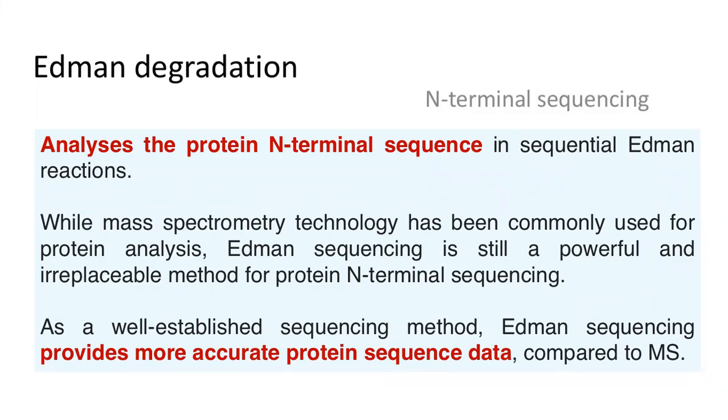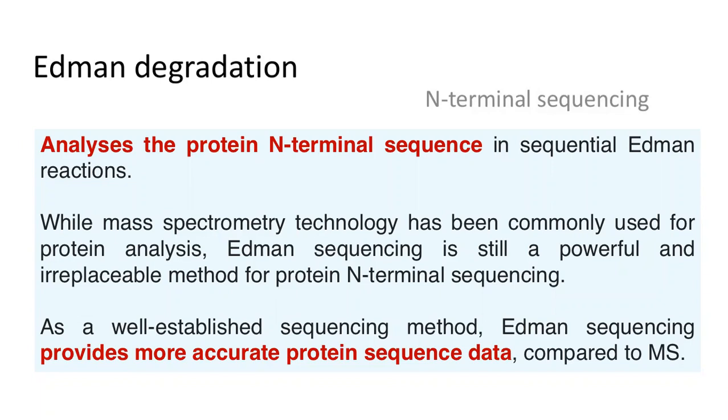The N-terminal sequencing method that Edman formulated, analysing the N-terminal sequence using a reagent known as the Edman reagent, came into play. Along with newer technologies like chromatography and mass spectrometry, protein analysis and sequencing has become more sophisticated and more reliable.